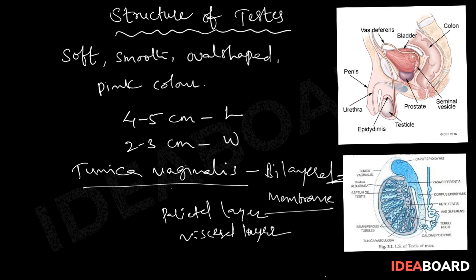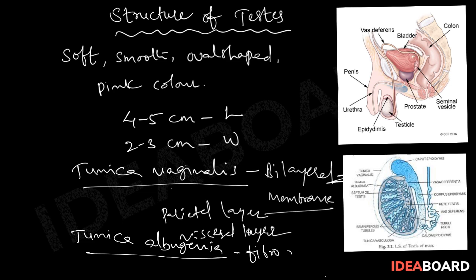Next, the layer of the testis is called the Tunica Albuginea. The Tunica Albuginea is a dense connective tissue, made of fibrodense connective tissue.